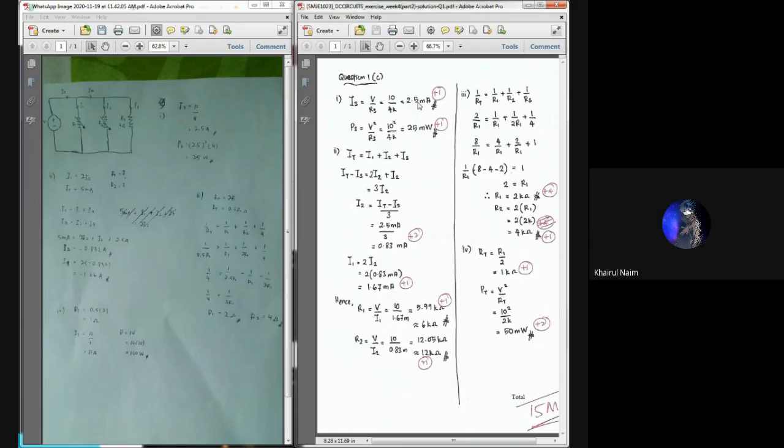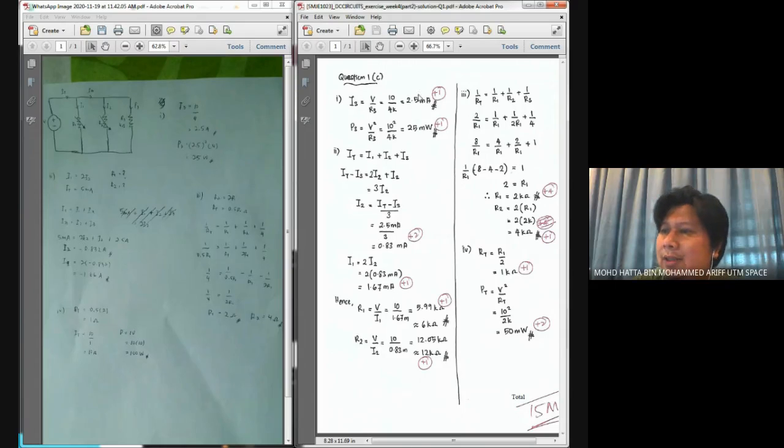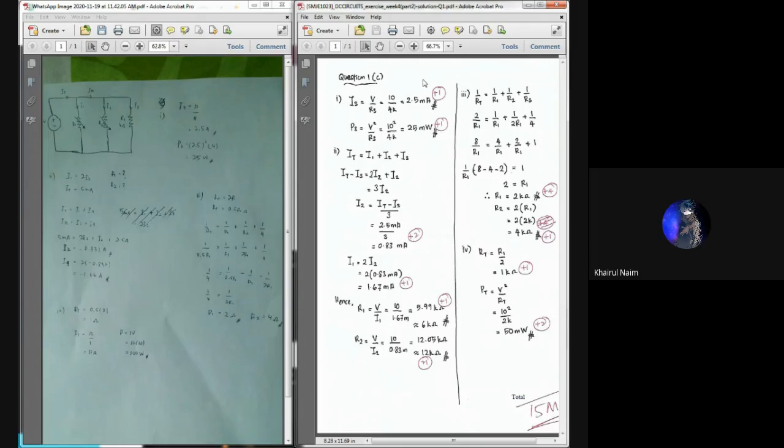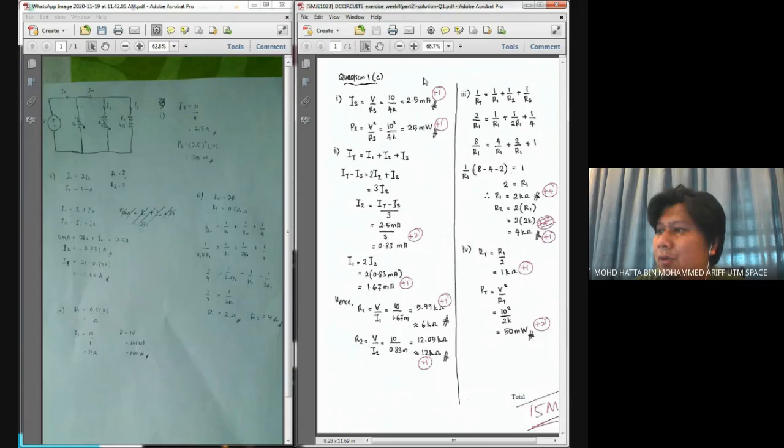That is, I think, easier for me. I don't know what your preference is, but for me, I just arrange the formula first, and at the end, I put in all the values into the formula, and at the end, I will get my result.